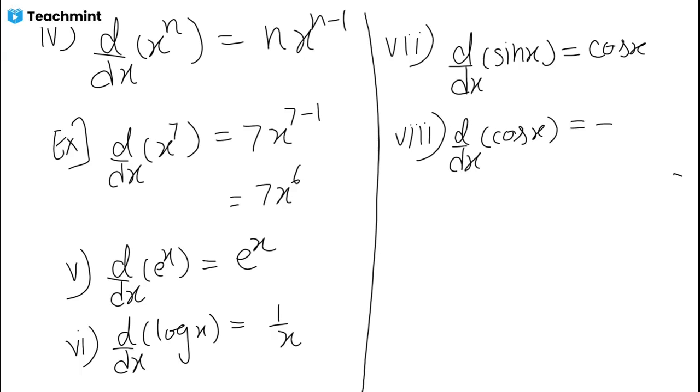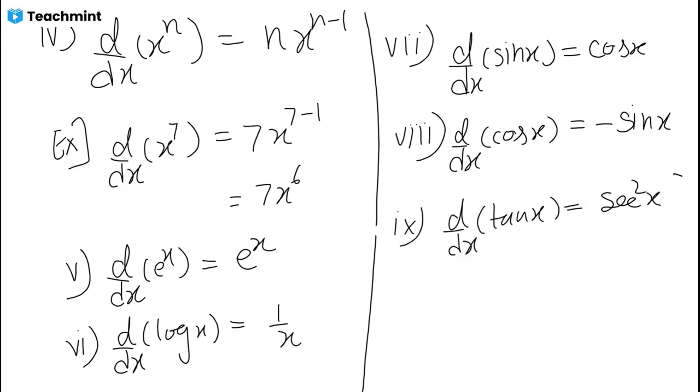Differentiation of cos x is minus sin x, and the ninth formula is d over dx of tan x equals sec square x, and d over dx of sec x is sec x into tan x.